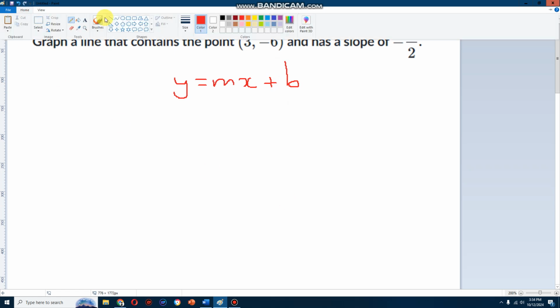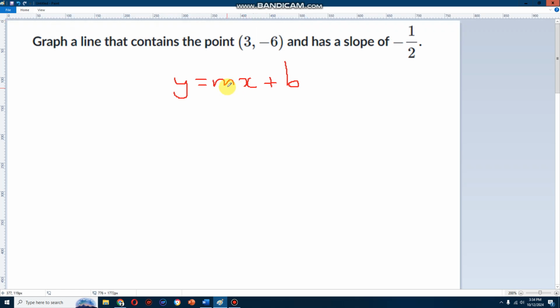Now, again, a recap. What does the m stand for? The m stands for slope. The x and y, which you see over here, those are just coordinate points. And the b stands for y-intercept. That is the number in which the line cuts into the y-axis.